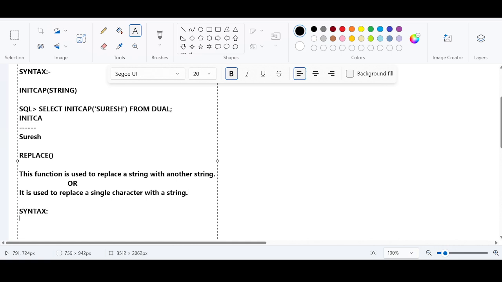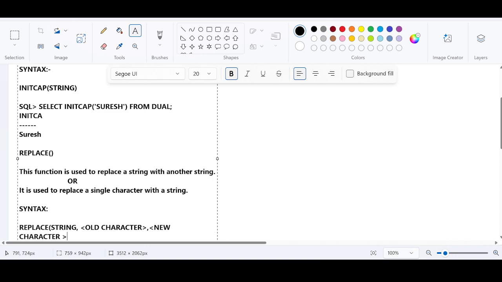The syntax says use the REPLACE function, which is going to accept an argument that consumes a string, and you are allowed to pass the old character as well as the new character.